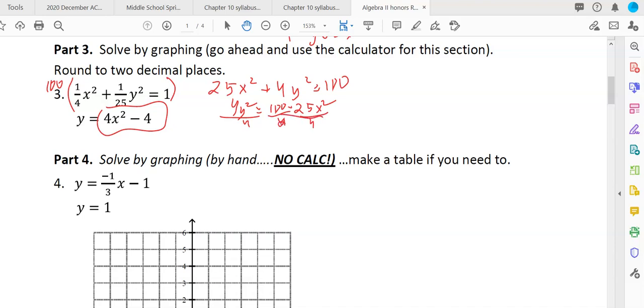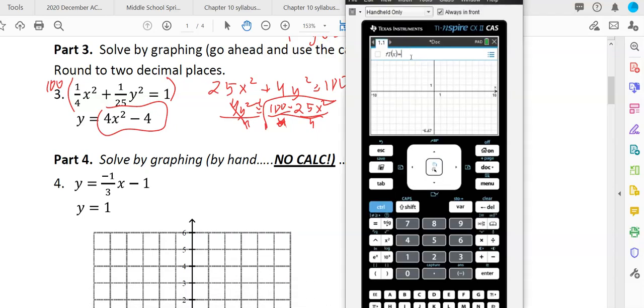Because I did the whole thing, I guess. And square root plus or minus. Okay, so we get, let's go and graph that. I think that's kind of sloppy, but it'll still work. Okay, so we're going to do square root of 100 minus 25x squared all over 4.